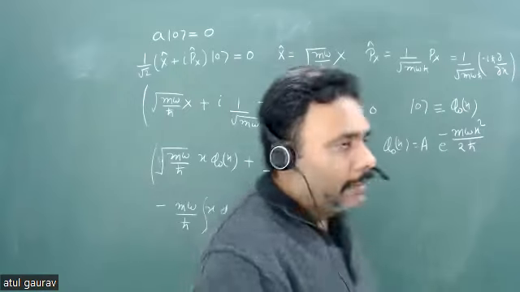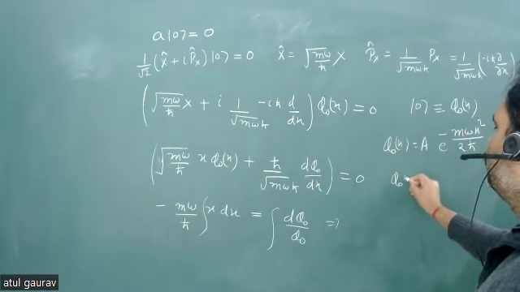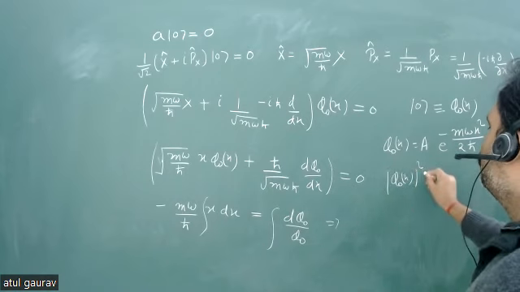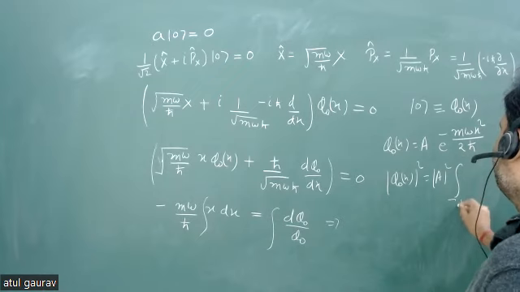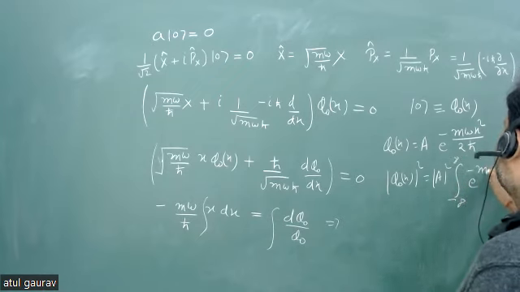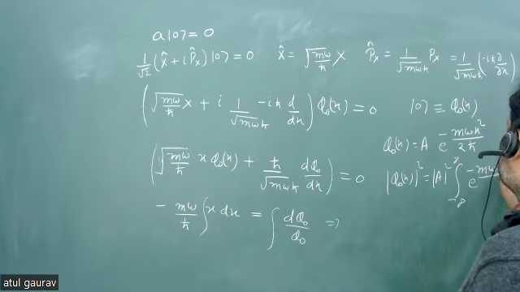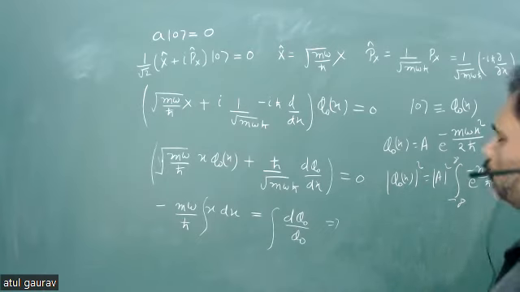So to get the value of a, we take mod phi naught x mod square, the integral from minus infinity to plus infinity of e to the power minus m omega x square upon h cut dx, and that must be equal to 1.